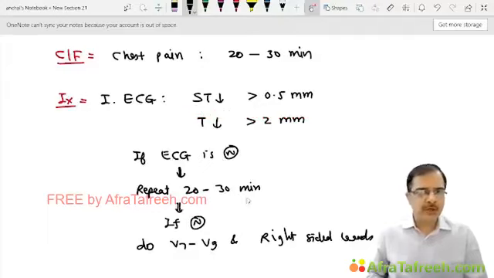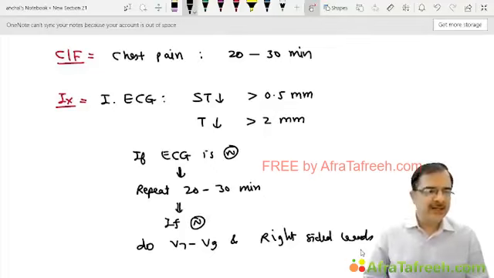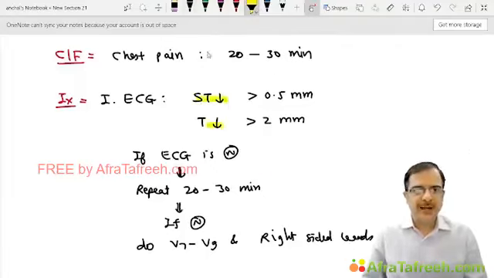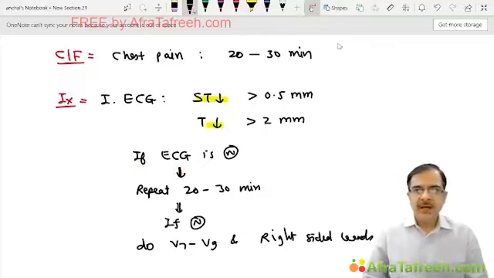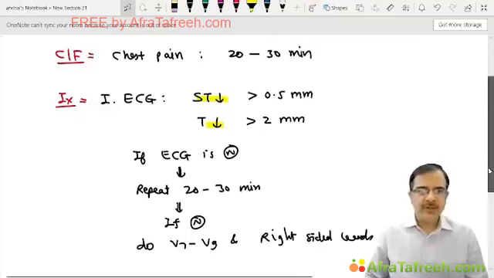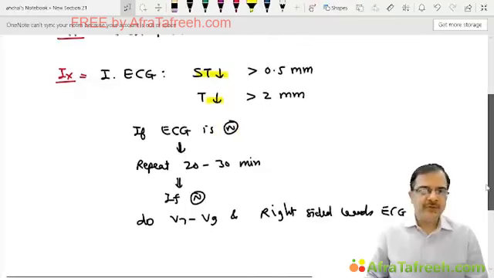So whenever the ECG is normal, repeat it after 20 to 30 minutes. If it is still normal, then go for these ECG lead placements. And remember the values of ST depression and T wave inversion for diagnosis of unstable angina or non-ST elevation MI.